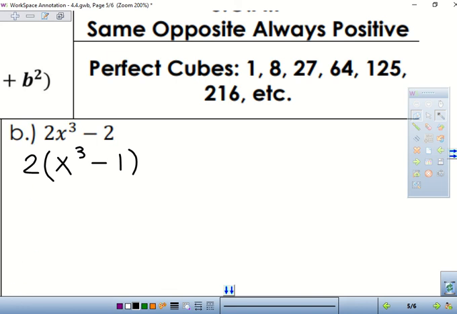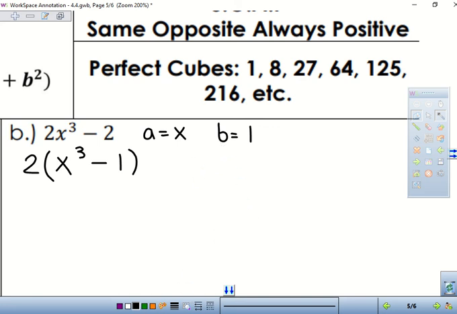Okay. So your a is going to be whatever the cube root of that first term is. So what is the cube root of x cubed? I'm sorry. And then what is the cube root of 1? 1, because 1 times 1 times 1 is still 1, right? So this is your a and your b.